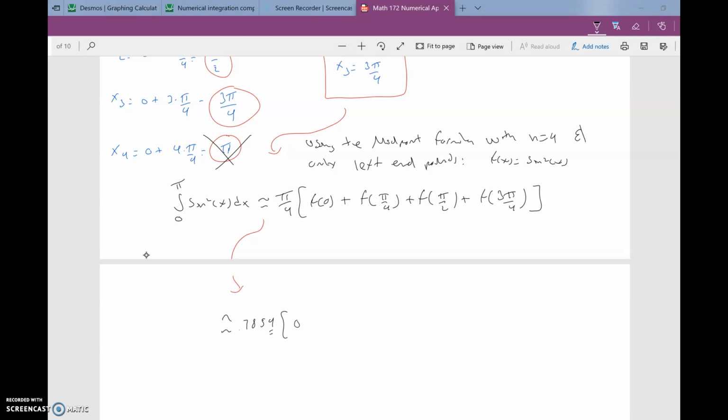The first value is going to be 0 plus, then we're getting a pi over 4. So this one I'm getting just 0.5 plus pi over 2. I'm getting 1 plus 3 pi over 4.